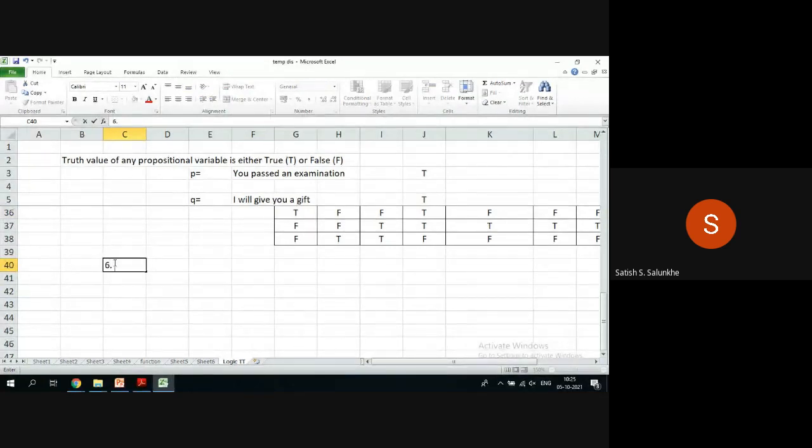So next, the derived connective that you already learned in your digital logic design, that is NAND. So what is NAND? Anyone can tell me now? What is NAND basically? NAND can be shown by a vertical arrow. I am not able to draw this arrow here, I will use Paint.